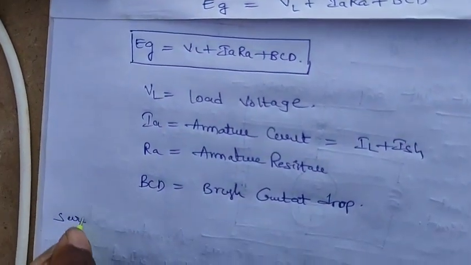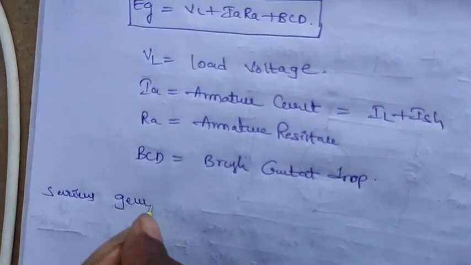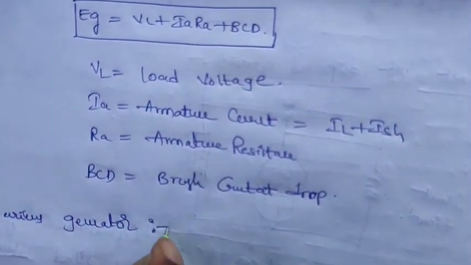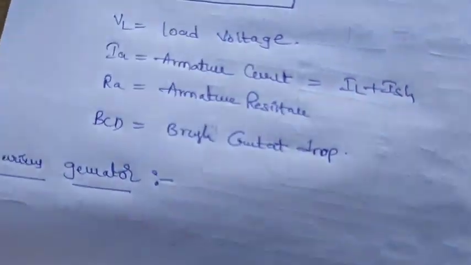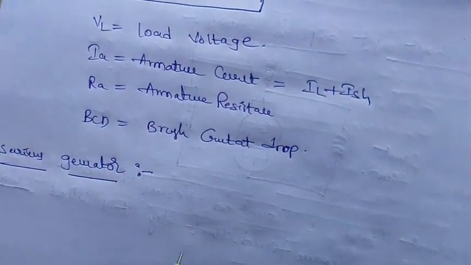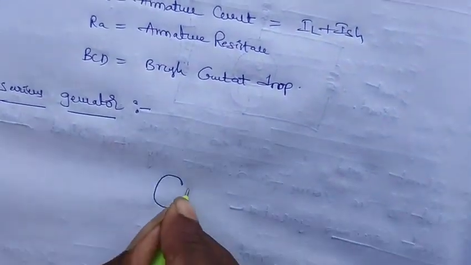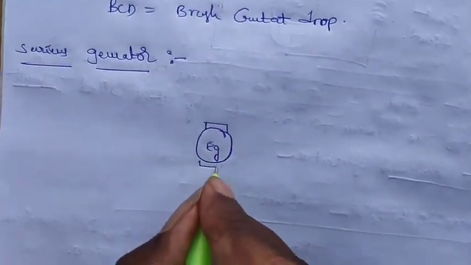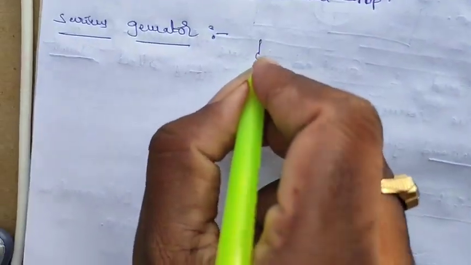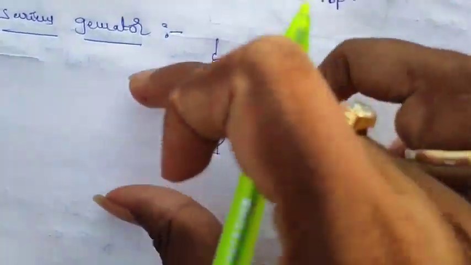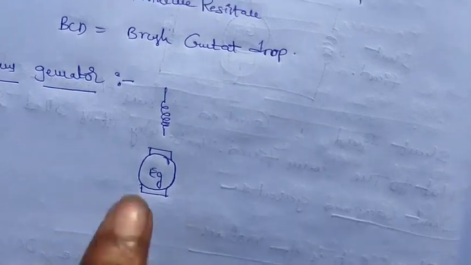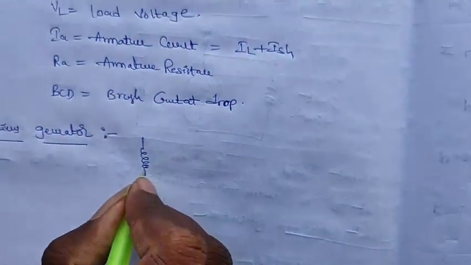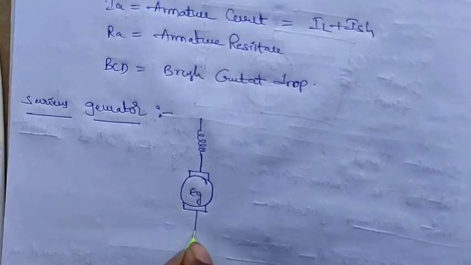Same like that, series generator. The generator is represented as EG. These are the brushes. In shunt generator the shunt field is connected parallel to the armature, but here in the series generator, the field is connected in series with the armature.